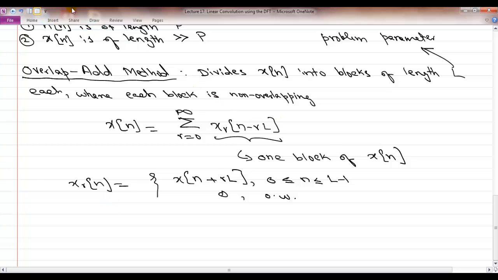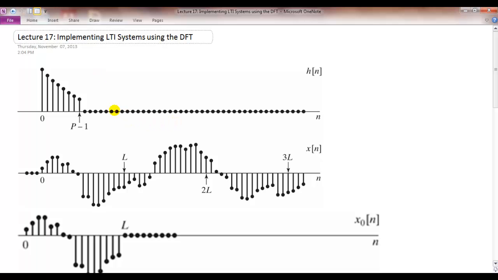So let's see. Here is an example where your h[n] is of length P. It is reasonable but much smaller than x[n]. And effectively, you divide your x[n] into blocks of length L each. If it is starting at 0, this is your first block up to L minus 1.